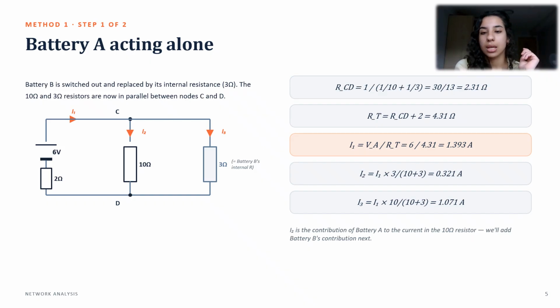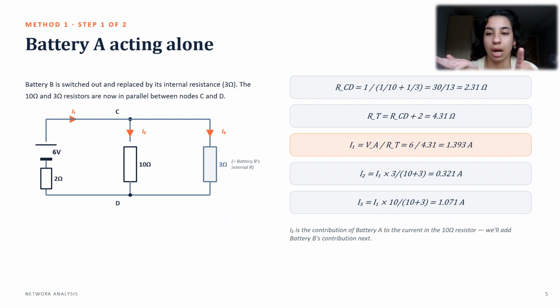Then we get a simpler circuit. We add that to 2 ohms and get 4.31 ohms. I hope that makes sense. Now we have the simple circuit and we know the total resistance, so we can find the total current, which is I1.